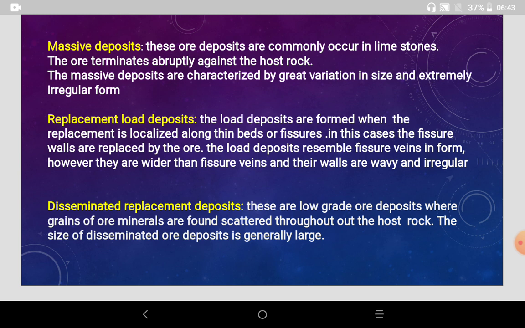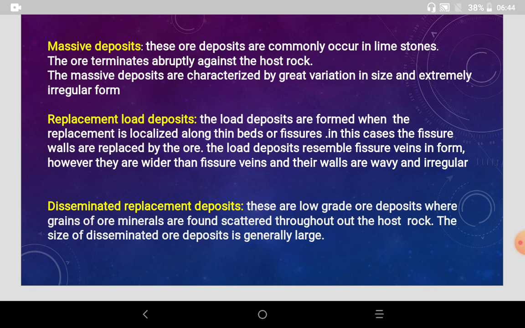In replacement load deposits, the replacement loads may be massive or high grade or flanked by a fringe of disseminated ore. Here, replacement may start from a fissure with bold face or some prominent centers, followed by replacement at many small centers like fissure veins.